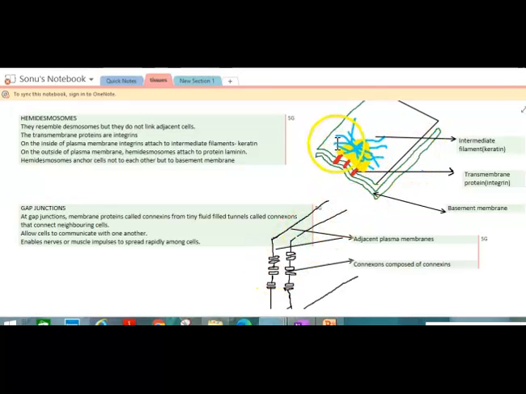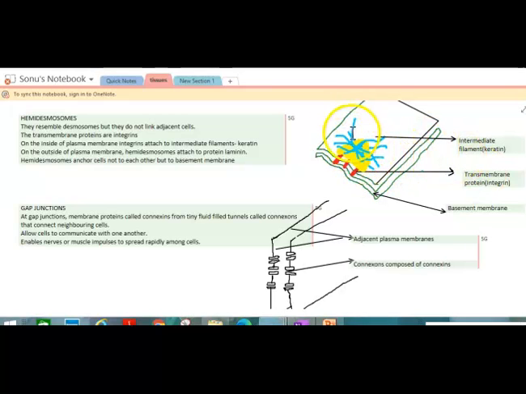Here also there is plaque which is helping the transmembrane proteins to stick to the basement membrane. They resemble desmosomes, but they do not link adjacent cells. And the transmembrane proteins are integrins. Integrins are the transmembrane proteins found in hemidesmosomes.